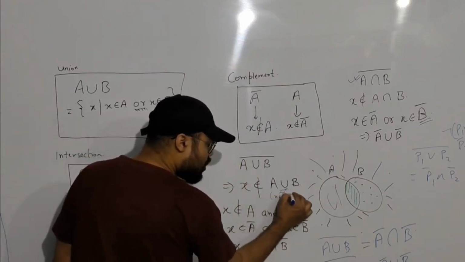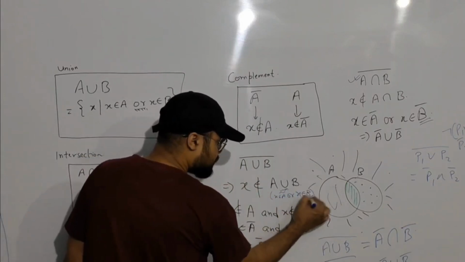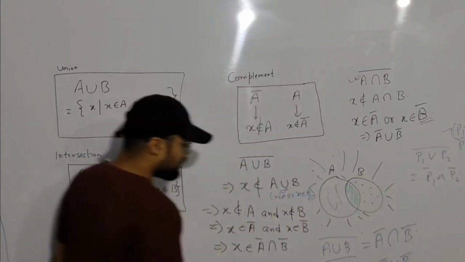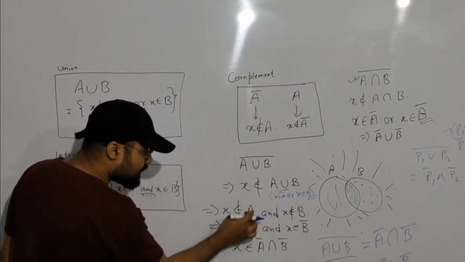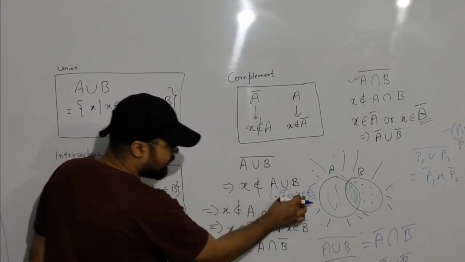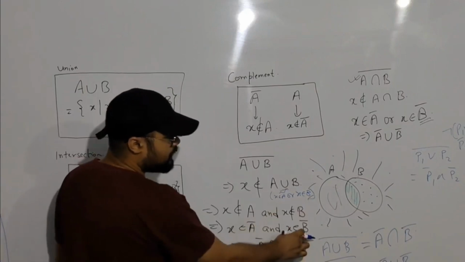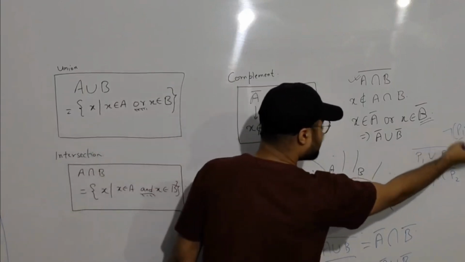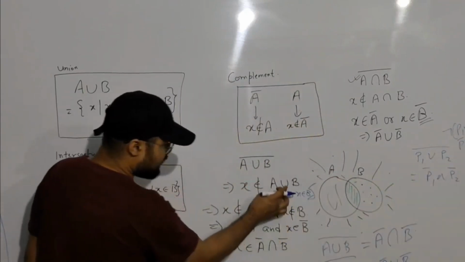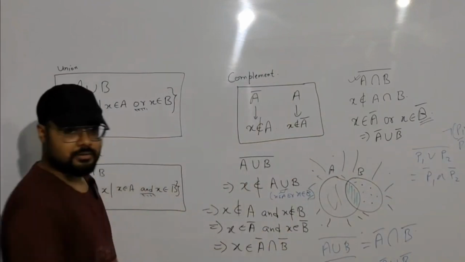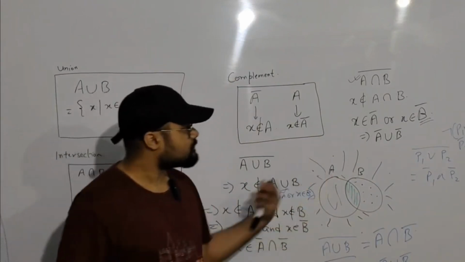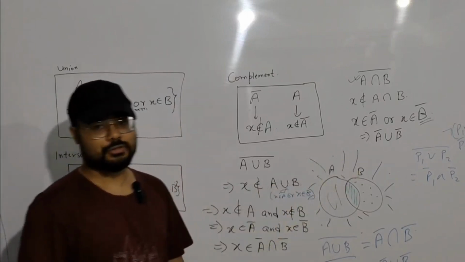X belongs to A or X belongs to B. So here the propositions get complemented, and here the sets get complemented: X belongs to A complement, X belongs to B complement. And the OR operation in propositional calculus becomes AND, and here also this OR becomes AND. So this is what complementation does. You can relate it from propositional logic.